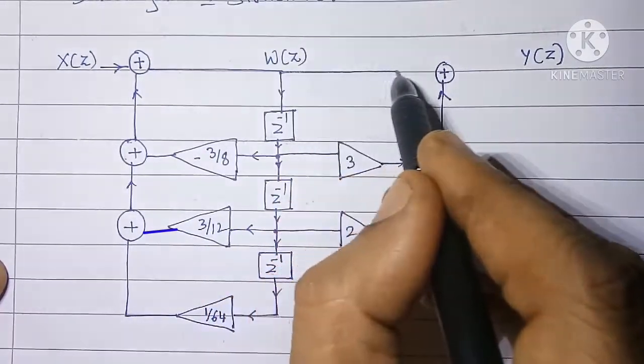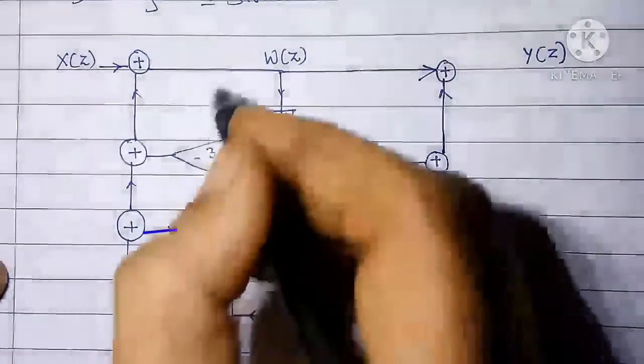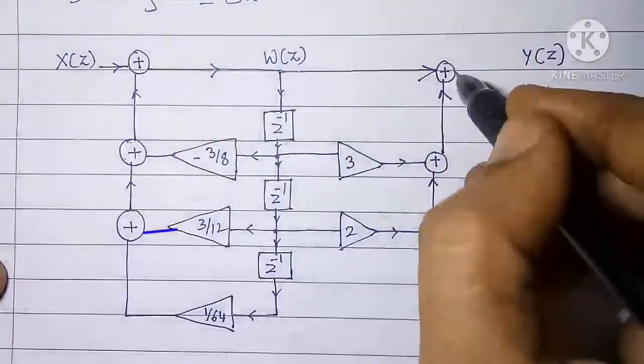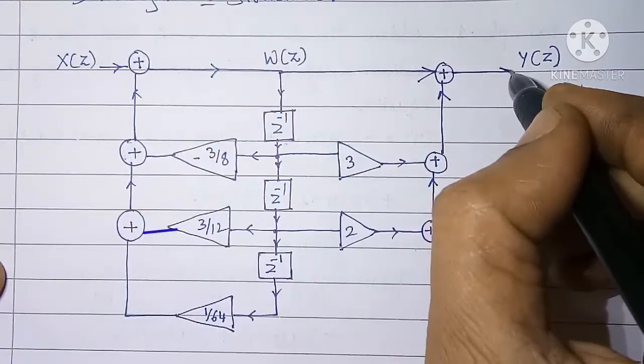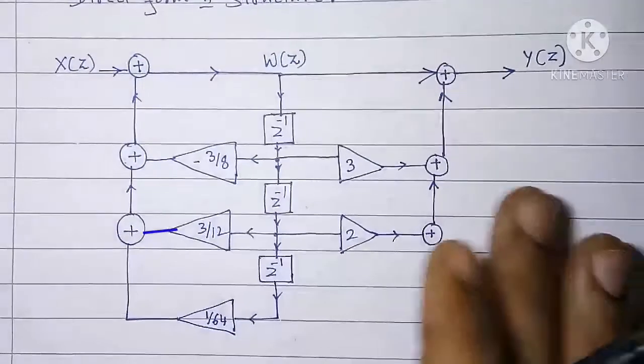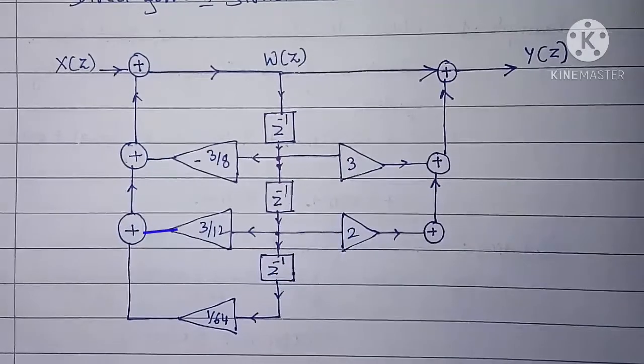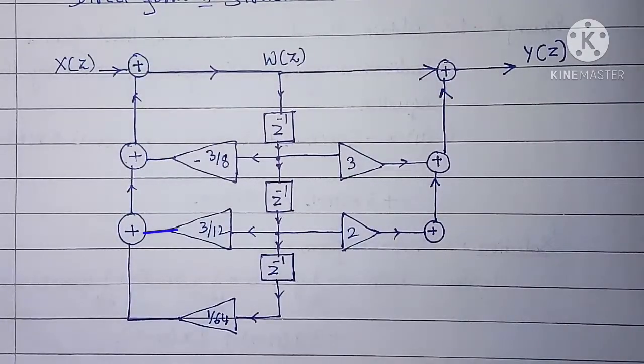And W of Z you connect here. Now this is direct form 2 structure.